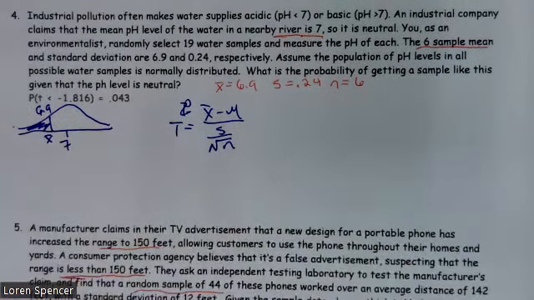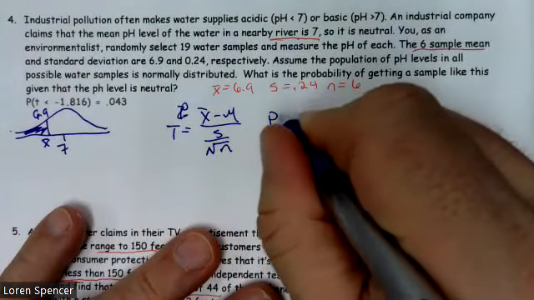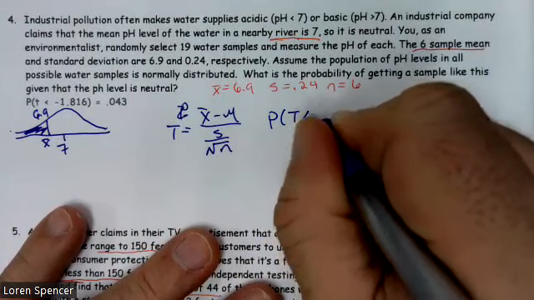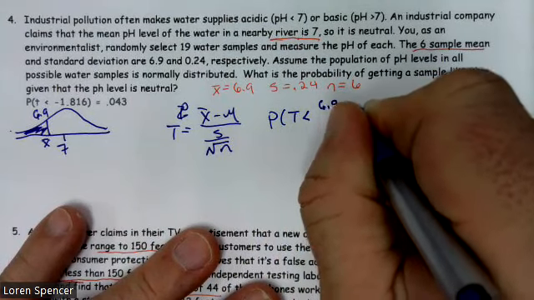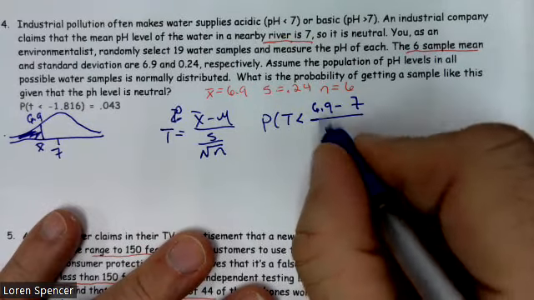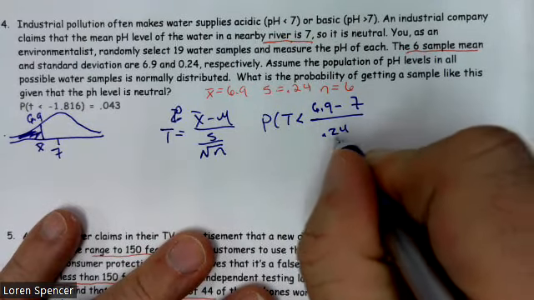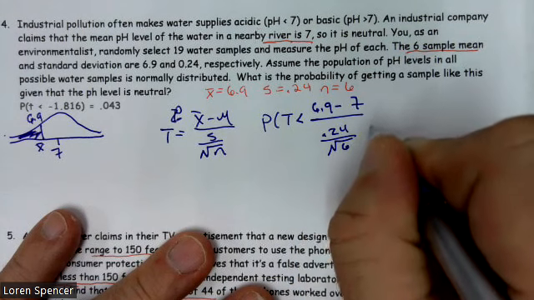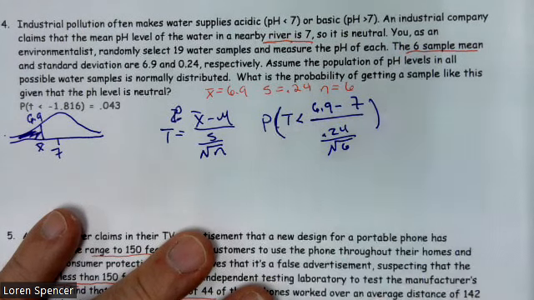What's the likelihood we get something like that? So we want the probability that T is less than 6.9 minus 7 over the standard deviation, which is 0.24, divided by the square root of 6, the sample size.